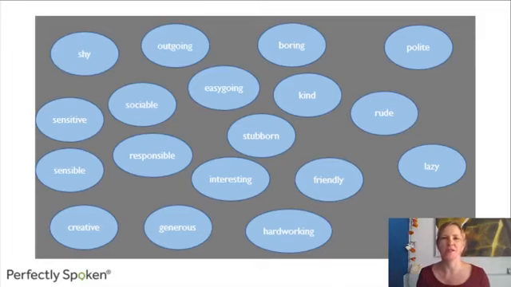Right, now the first adjective is, wait, one moment please. Okay. First adjective means, okay, which adjective do you think that is?